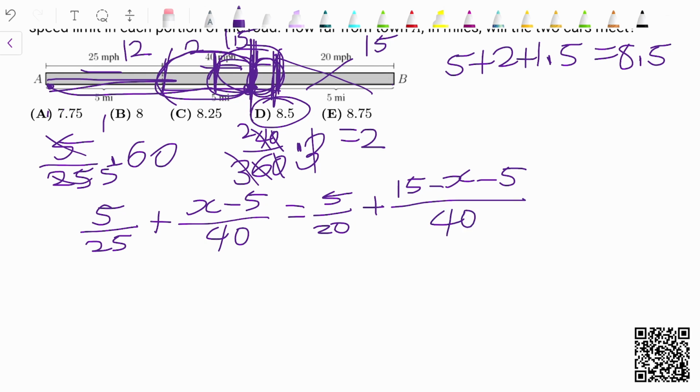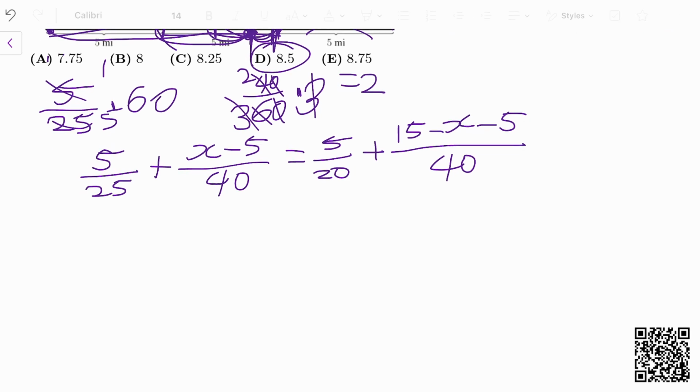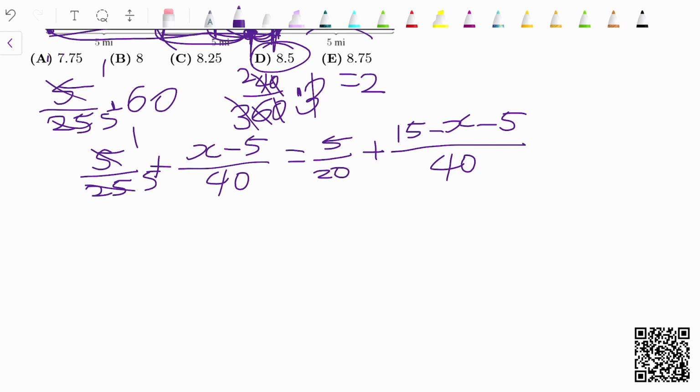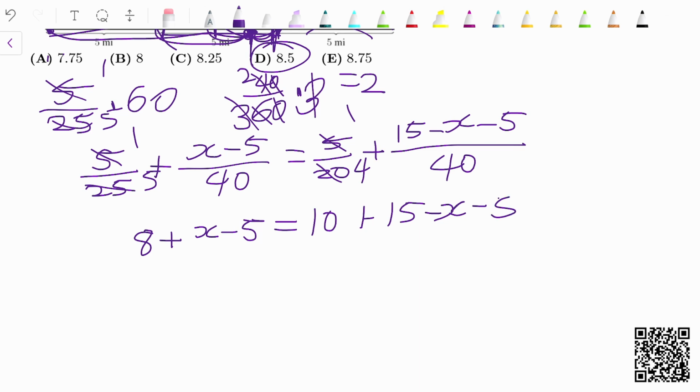Over 40. Now that we have this, I'm going to simplify this down to 1/5 and this down to 1/4, multiplying both sides by 40. We get 8 plus x minus 5 is equivalent to 10 plus 15 minus x minus 5.